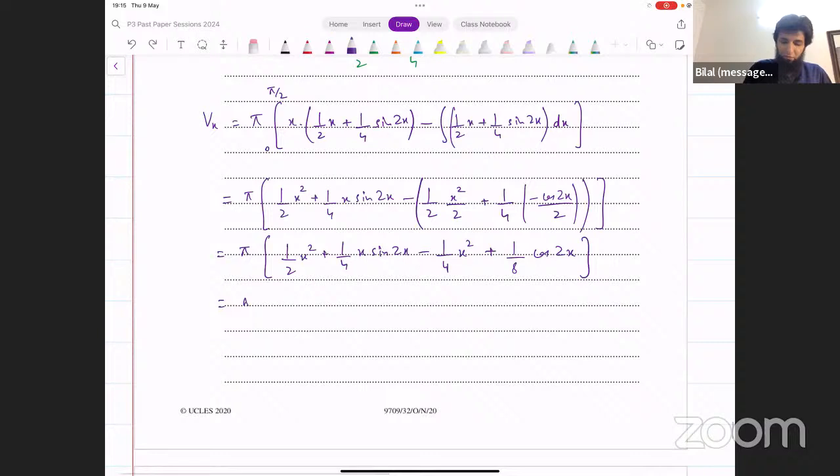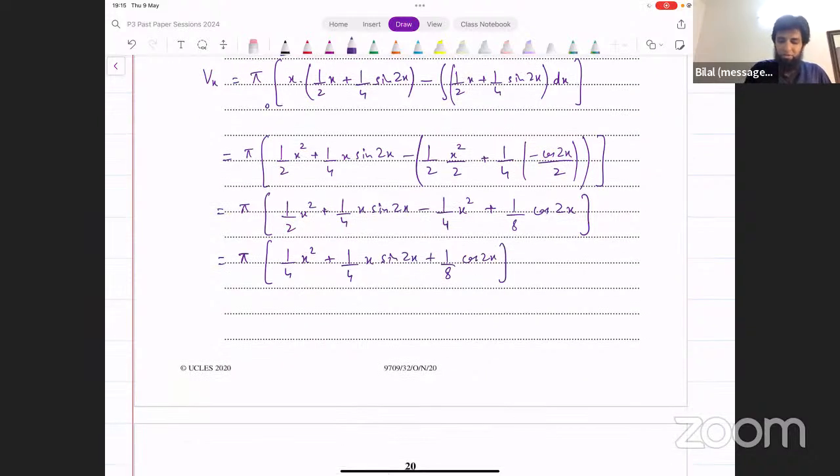Now, one last step before we input the limits, we can actually simplify this. Half minus 1 over 4, that's 1 over 4, right? So it becomes 1 over 4x squared plus 1 over 4x into sine of 2x plus 1 over 8 into cos of 2x.